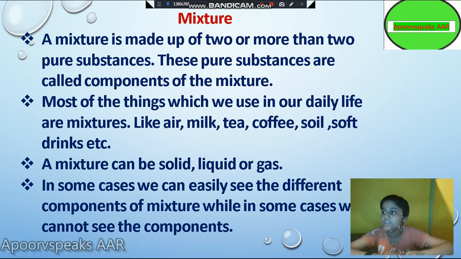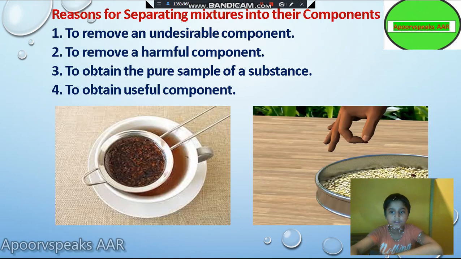So only if I drink it, I'm going to know that this milk is mixed with sugar. Otherwise, I'll just see and say, oh, this is simple milk. But without tasting, we can't tell if it is soluble in water or milk or any other liquid.